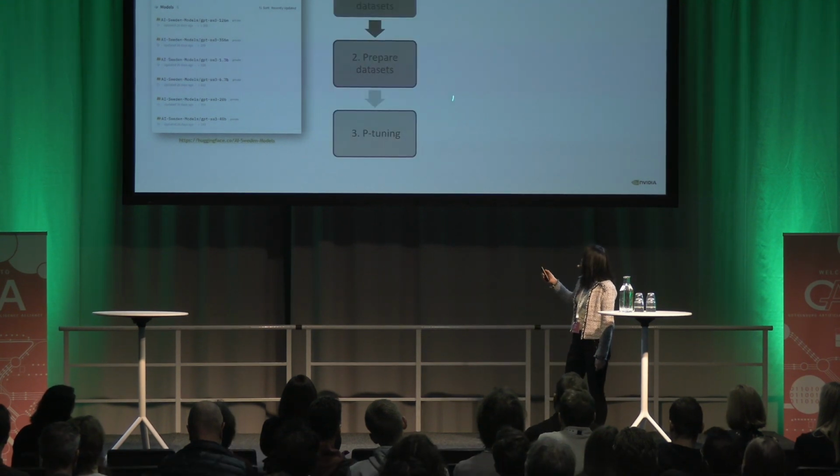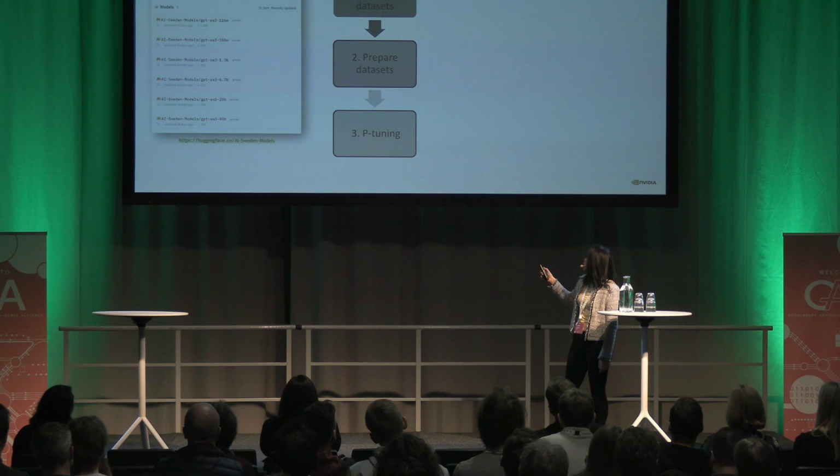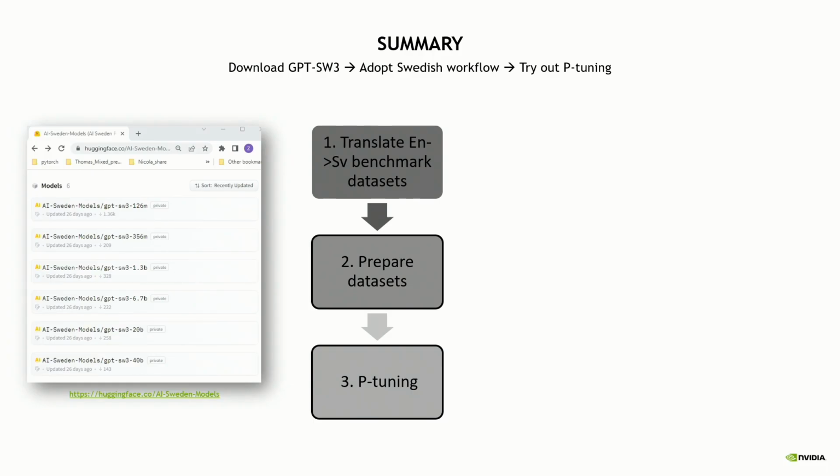We adopt the English workflow, and just add one translation from English to Swedish of the benchmark dataset. Then the rest of the workflow is the same. However, you are limited by the translation quality, so you do need to be vigilant about that.